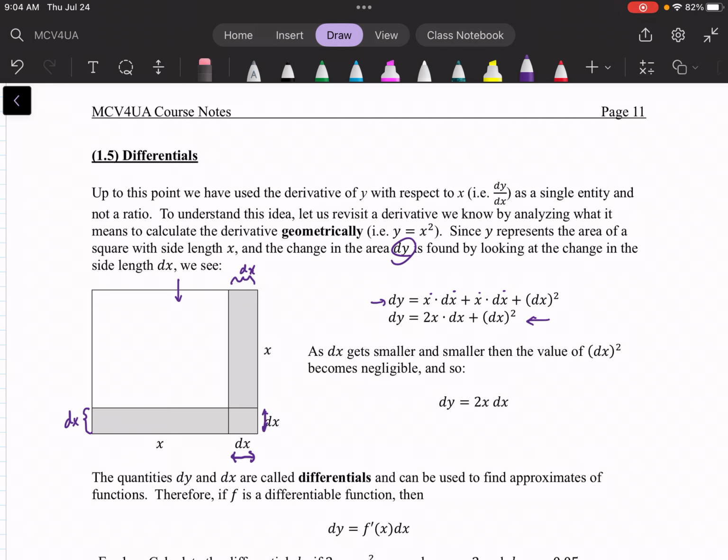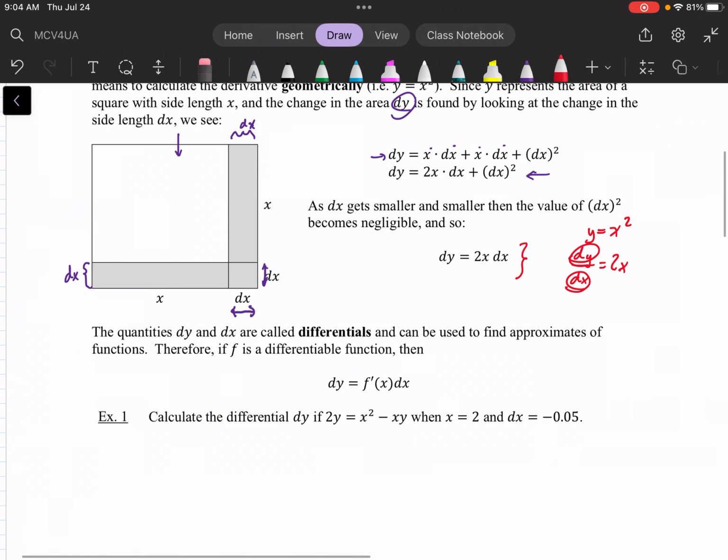And this shows that you can separate the differential. Instead of it being written as dy over dx equals 2x, when y was originally x squared, you can separate your dy's and your dx's. And this is going to come in handy for us in the future.